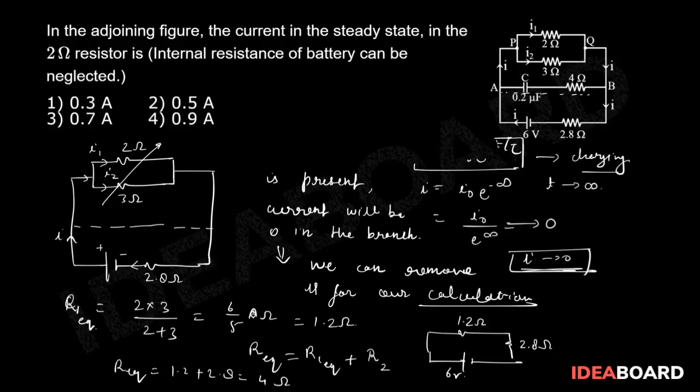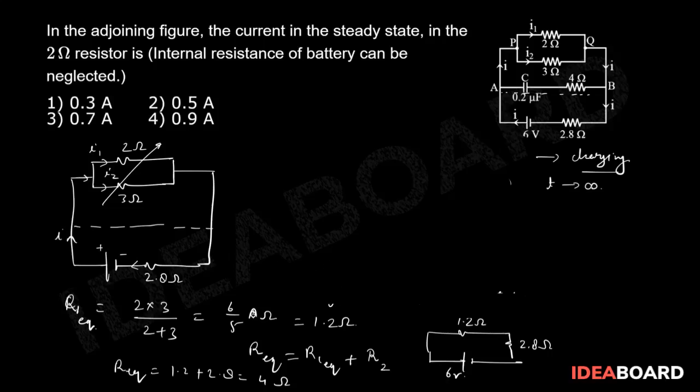Once you get the net resistance, you just need to put the values in order to solve this. You can apply V is equal to I into R equivalent. From there you get I is equal to V upon R equivalent, which will be 6 divided by 4. So you get 3 by 2 ampere current in the whole branch. Now if you look at this diagram, a current I is flowing like this.